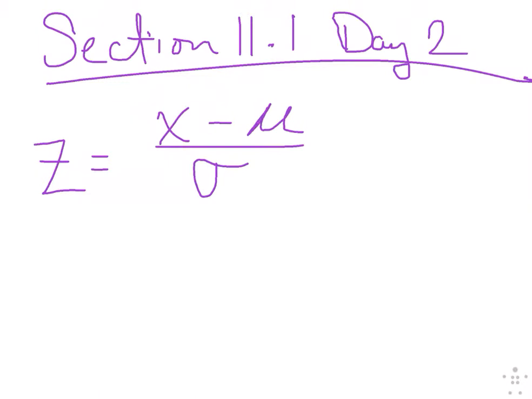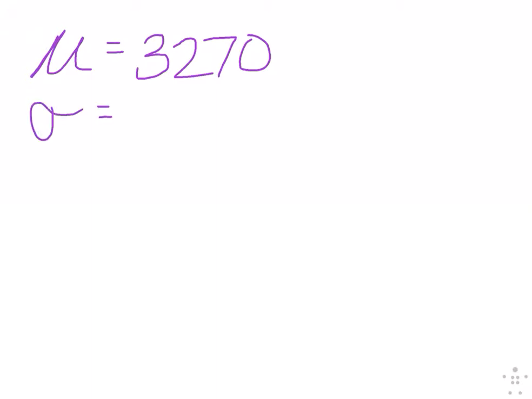Okay? So here's the type of question that you're going to have. It's going to say something like, a study finds that weights of infants at birth are normally distributed with a mean of 3,270. So it's giving you that the mean is 3,270, and a standard deviation of 600 grams.